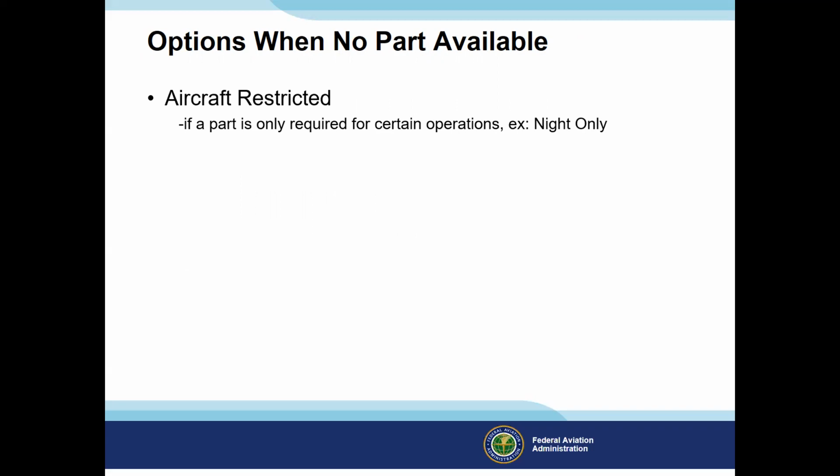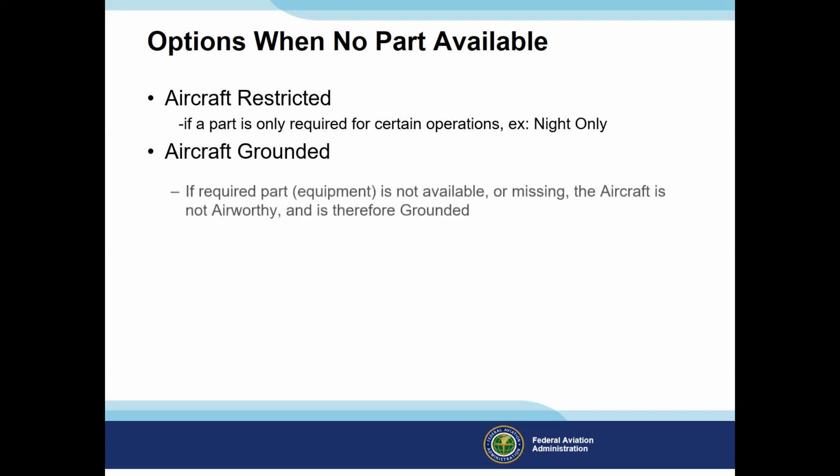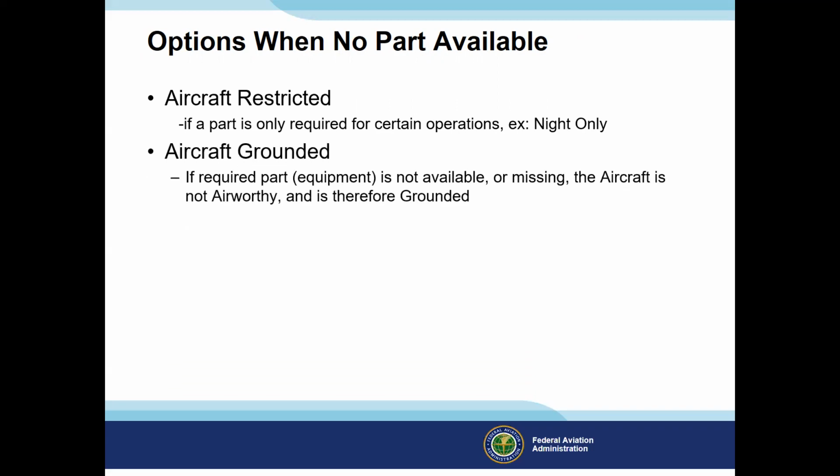For example, if your landing light is out, then you'd be restricted from night operations. And unfortunately, if the required part is not available or missing, the aircraft is not airworthy and it's grounded. Nobody wants to have grounded aircraft, but we also don't want to fly aircraft that are not safe.